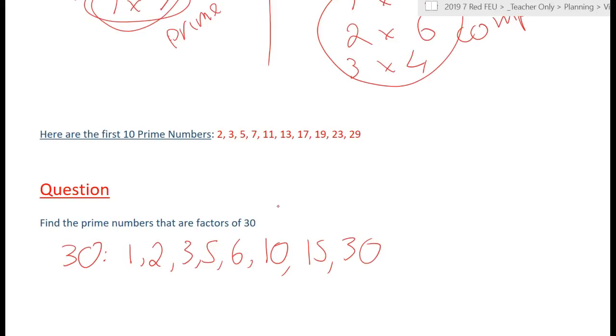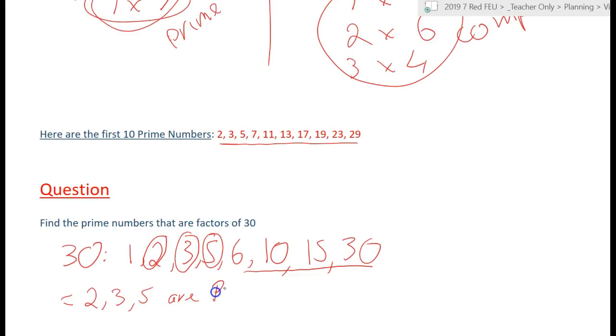If I have memorized my top 10 up here, I can go through: I know 2 is a prime number, I know 3 is a prime number, I know 5 is a prime number, and that's the rest. The remaining ones, 6, 10, 15, and 30, are composite numbers. So as an answer, I would say 2, 3, and 5 are prime numbers.